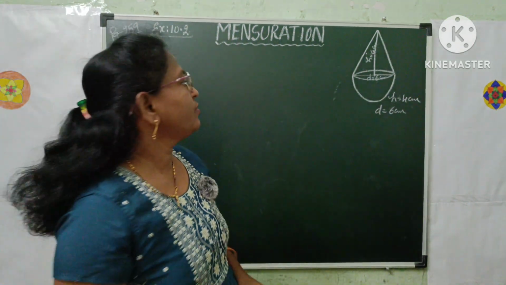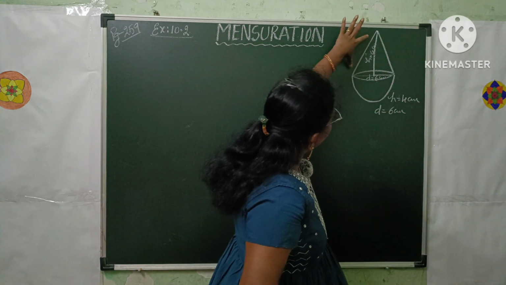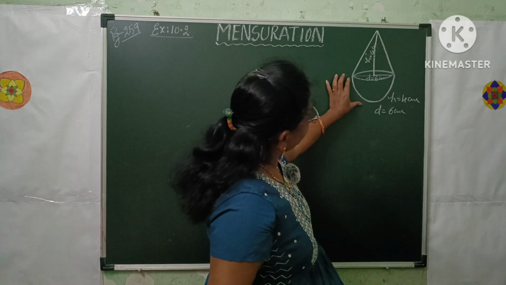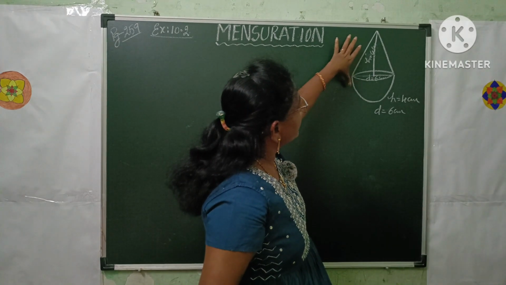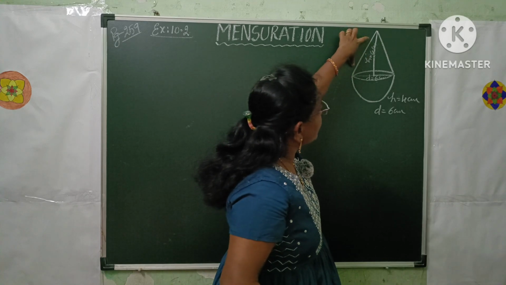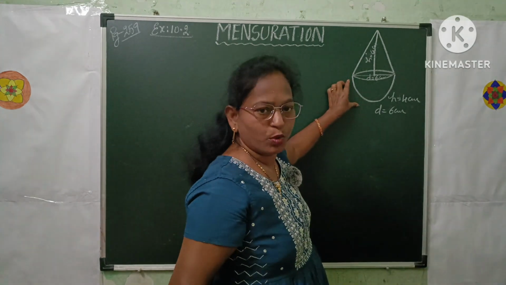The surface area means we have to find the total of the conical portion and the hemisphere portion. This is the surface area of the toy. First we need to find the surface area of the cone and the surface area of the hemisphere portion.